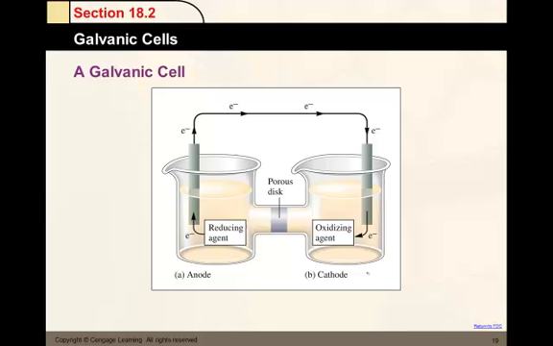The anode is where oxidation occurs, and a cathode is where reduction occurs. This is how you can remember it: An ox, red cat.